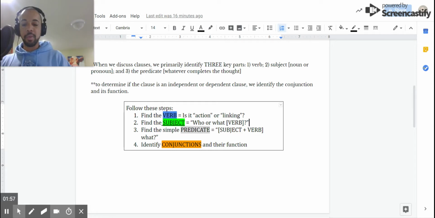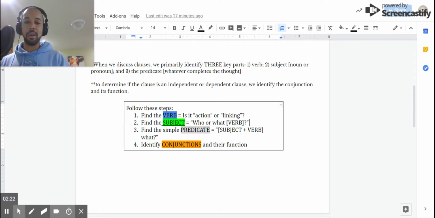And then occasionally, if you have multiple clauses in a sentence, you are looking specifically for conjunctions. There are two main conjunctions that we pay attention to whenever we talk about clauses and how they are joined. So we look for coordinating conjunctions, which are the fanboys. That's that nice, easy list: for, and, nor, but, or, yet, so. Or the subordinating conjunctions, and there are a lot of them.